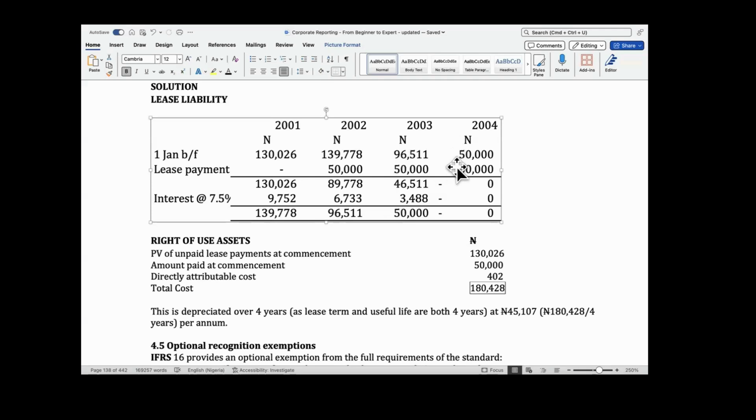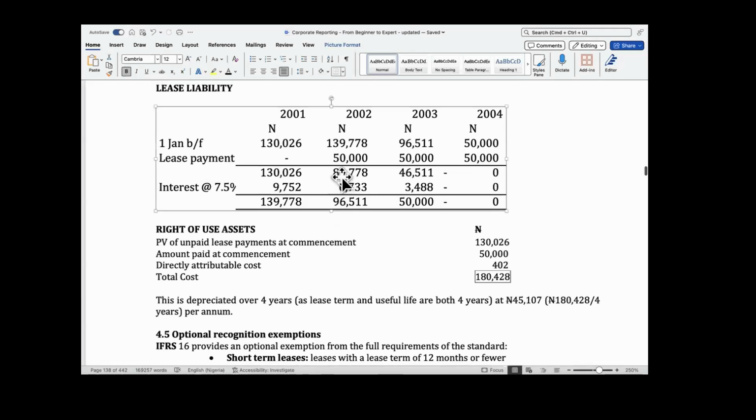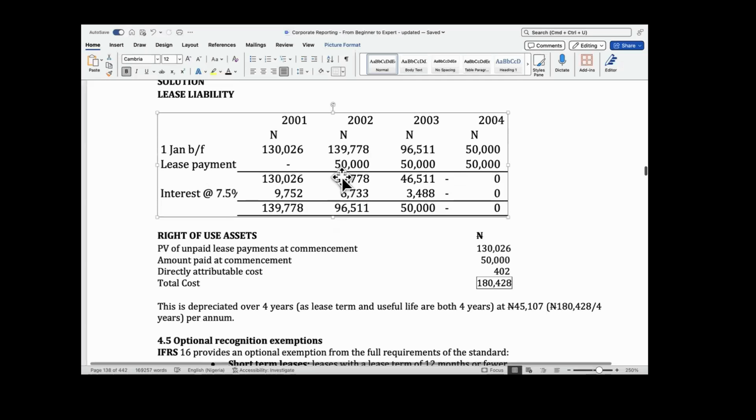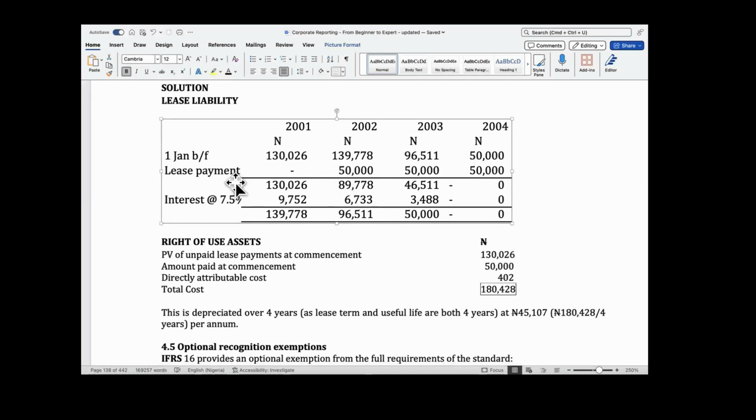And then you deduct your rent payment, so it becomes 0. So the only difference between this schedule and what we did last is the fact that since the lease rental is paid at the commencement date, you need to deduct the lease rental before you add the interest. That's the major difference here.